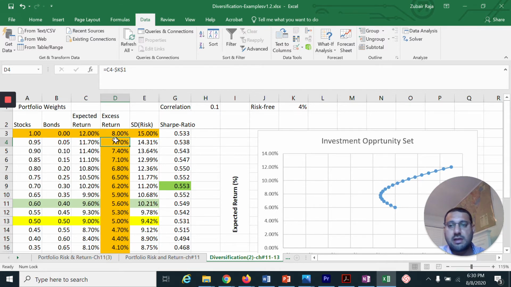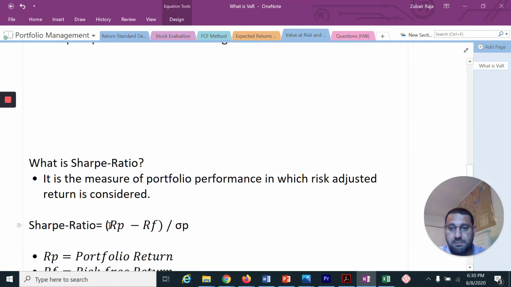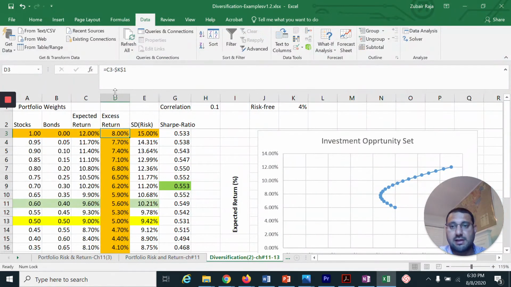So this will give you the excess return in the numerator. So this is how we are getting the excess return.